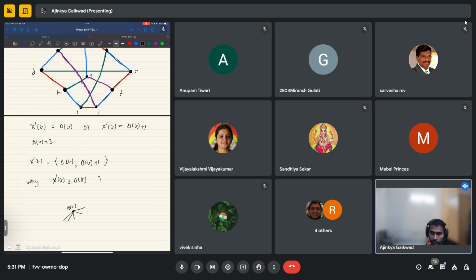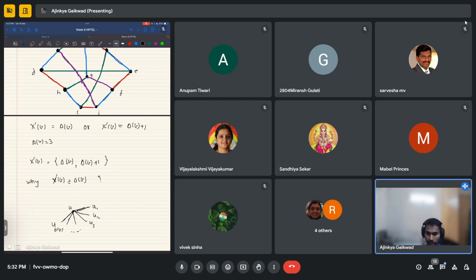So if you take a vertex, I know that maximum degree of the graph is delta G, which means that there is a vertex adjacent to delta G many edges. So let's say this vertex is u, and let's say these are the edges coming out of it. Let's say this is u1, u2, u3, dot dot dot, u up to delta G.